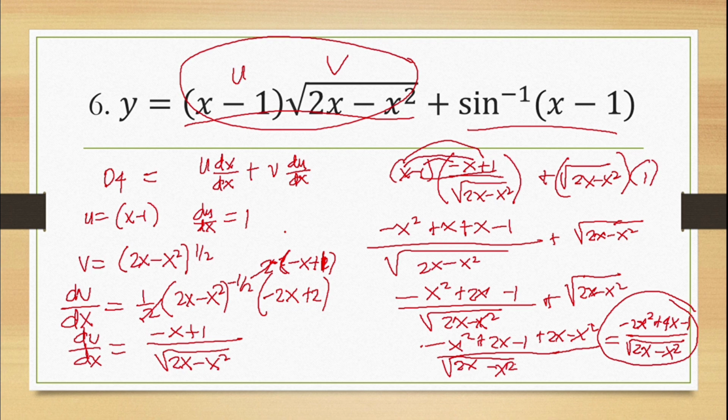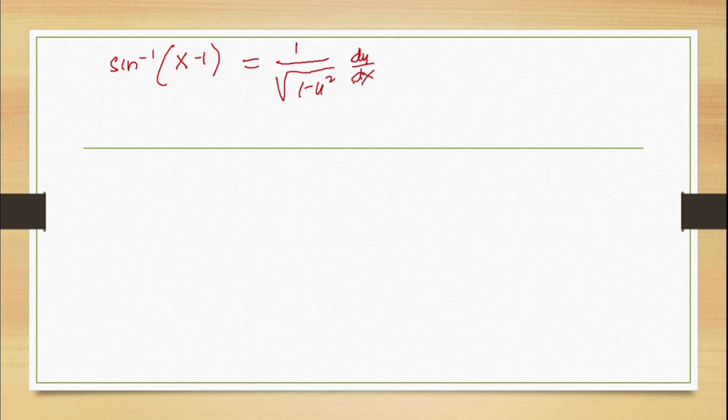So let's proceed with inverse sine of x minus 1. The formula for this is 1 over the square root of 1 minus u squared, times du over dx.